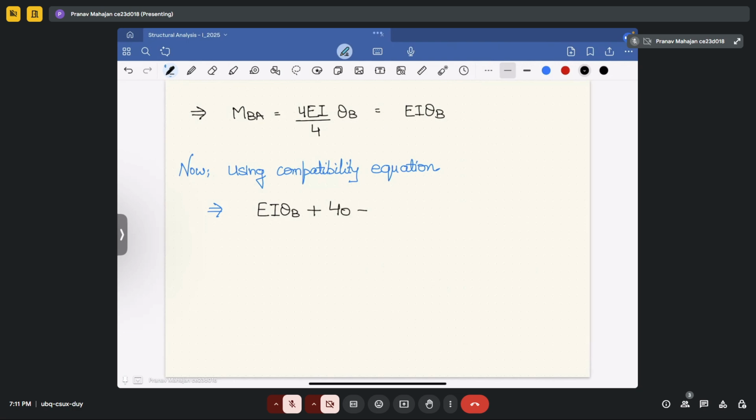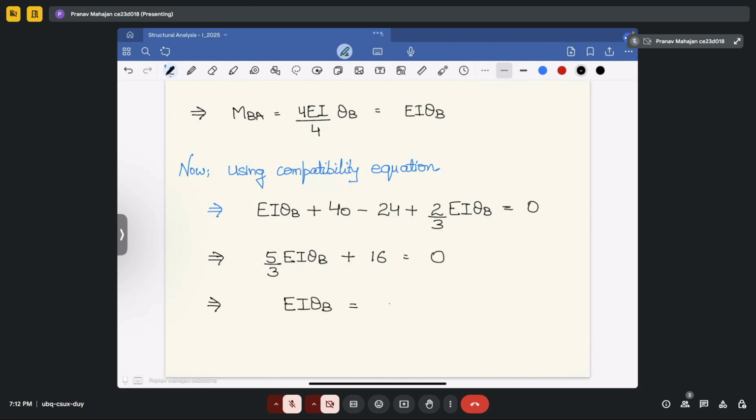And then the rest is your MBC, it is minus 24 plus 2 by 3 EI theta B. It will be equal to 0, and that will give you 5 by 3 EI theta B plus 16 equal to 0, and that will give us the value of EI theta B to be equal to 40 minus 48 upon 5, and it will be equal to minus 9.6 kilonewton meter.